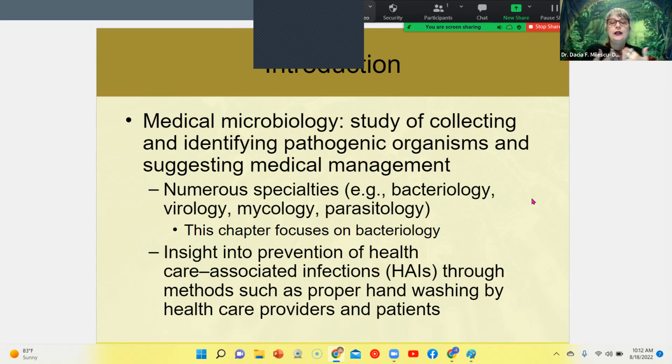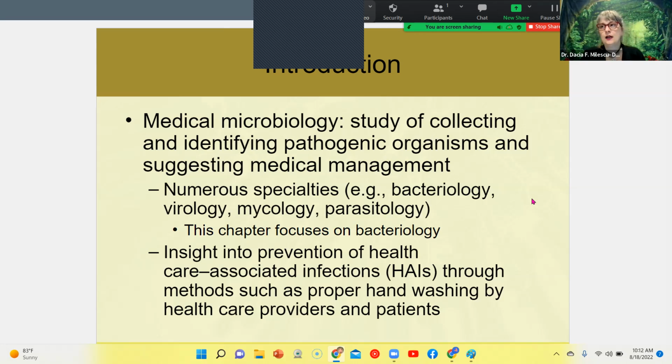And so you, being a future employee of a hospital, it is extremely important to understand not just sterilization, but also hand washing. Hand washing is separate from the sterilization process.